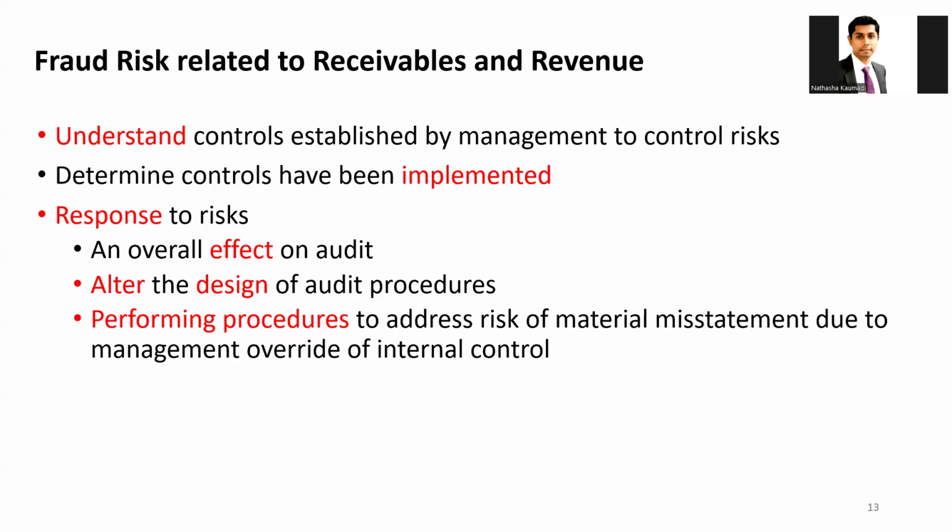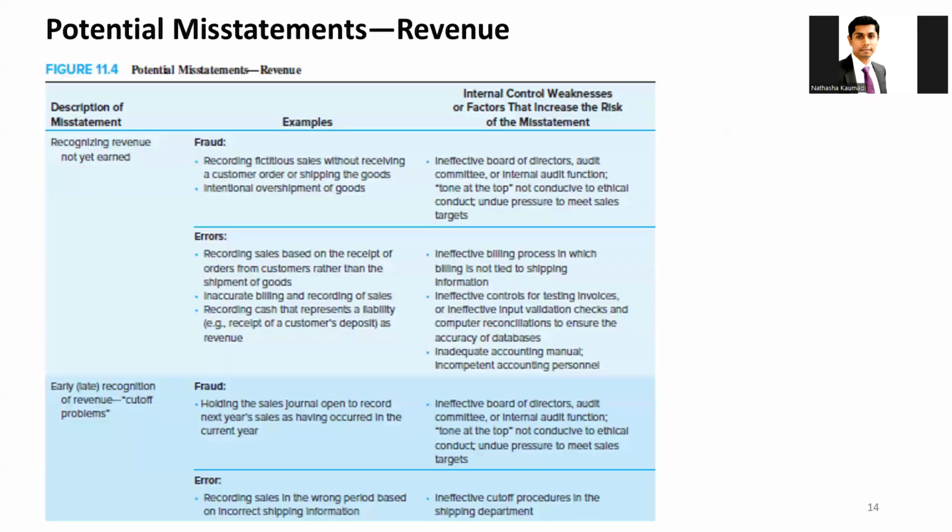Right. And then these tables, actually, this is very good. Potential misstatements. Now, if you just study this table, the first thing is the description of the misstatement. What are the possible misstatements? Potential misstatements coming under revenue. And then there are examples in the second column. There are two sets of examples for each potential misstatement.